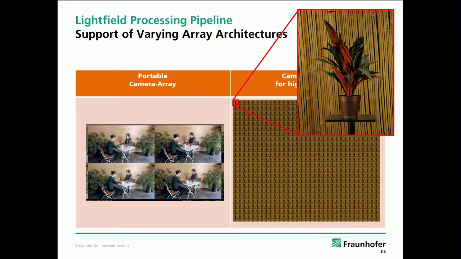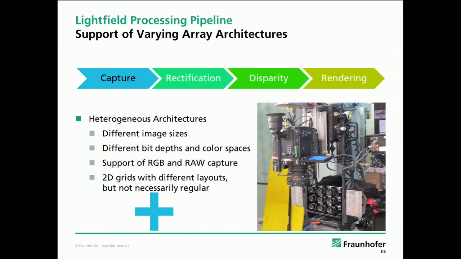On one hand, with this sparse camera array we sample only a few images, and you have to create very exact depth maps. On the other hand, if you have this dense sampling, you get really high quality directly from the camera capturing process, but you have, of course, this huge amount of data which you have to process.